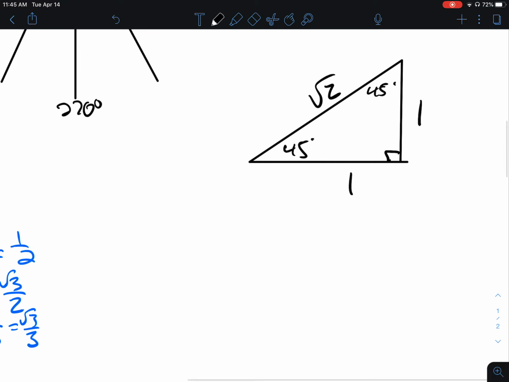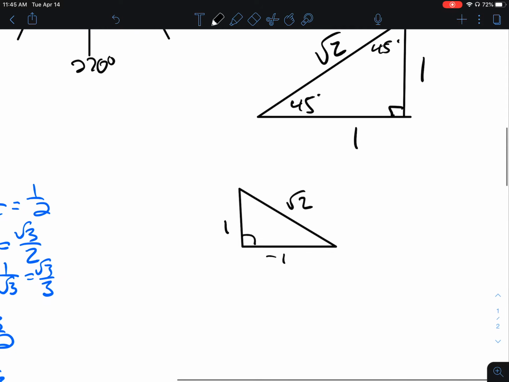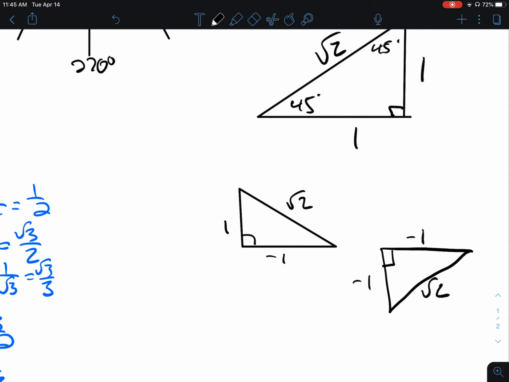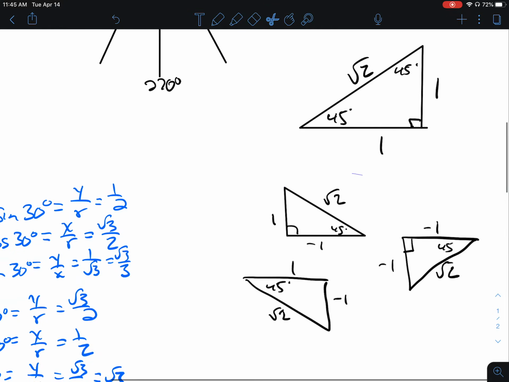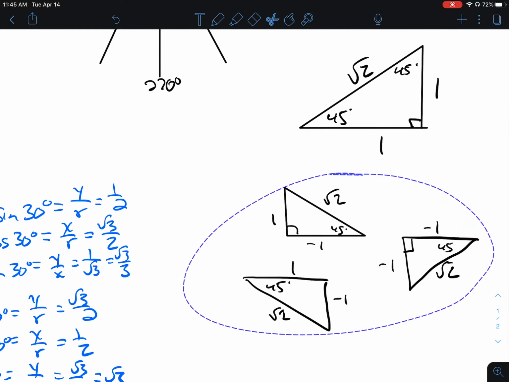If I were to draw this oriented in this direction, in a coordinate plane, x is negative, y is positive, r is always positive. If I were to orient it in this direction, so it's in quadrant 3, x is negative, y is negative, r is always positive. If I put it in quadrant 4, x is positive, y is negative, r is always positive. In each case, absolute value-wise, it's a 1, 1, square root of 2 triangle.